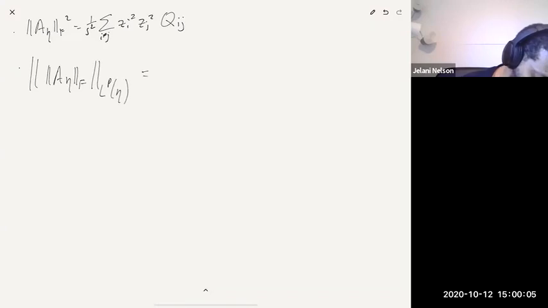What does that mean? That means the expectation over eta of this Frobenius norm raised to the pth power, all to the 1 over p.